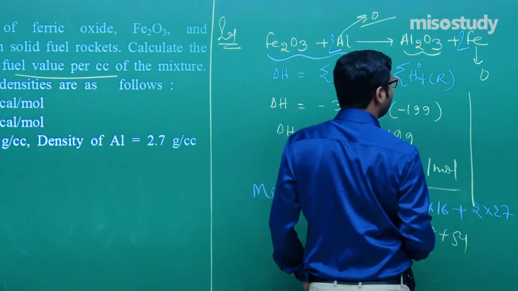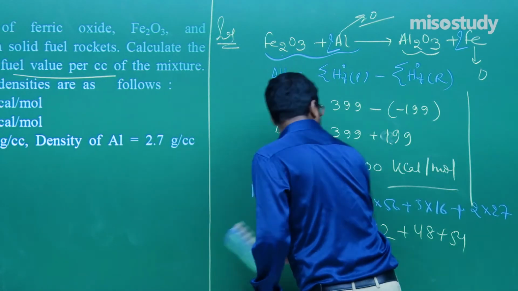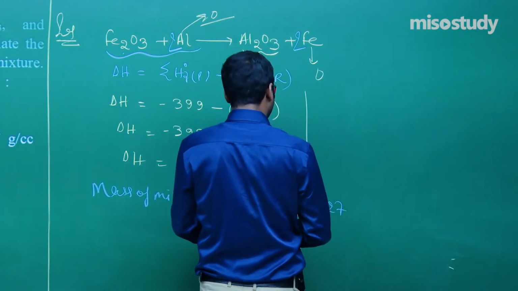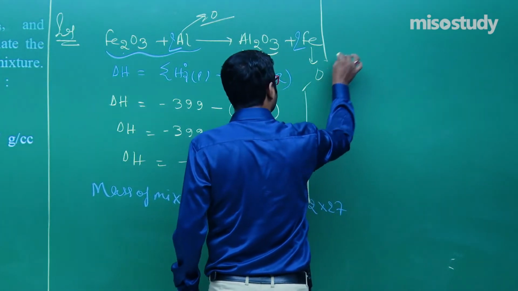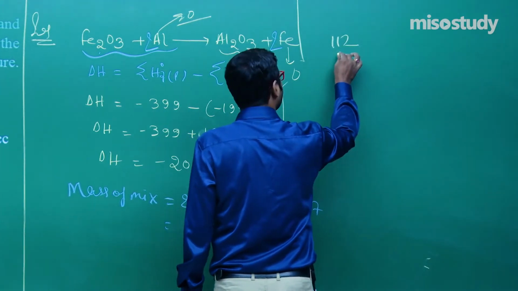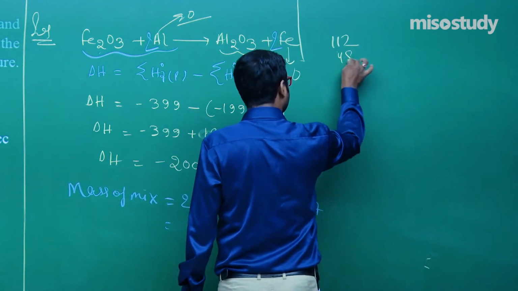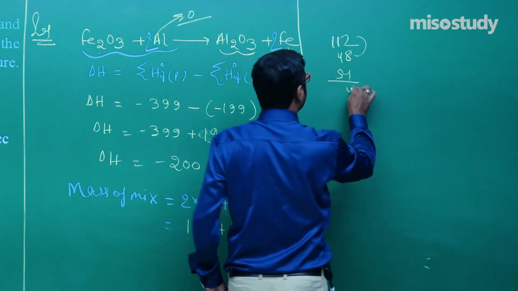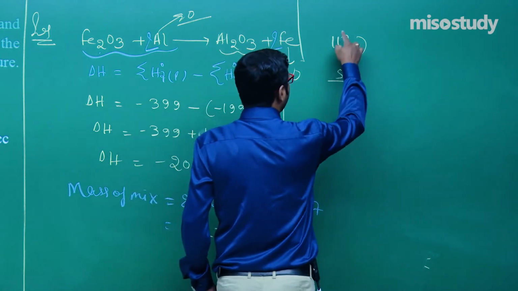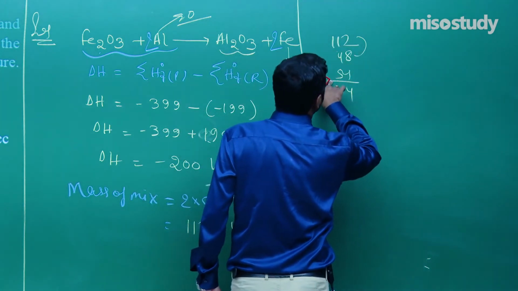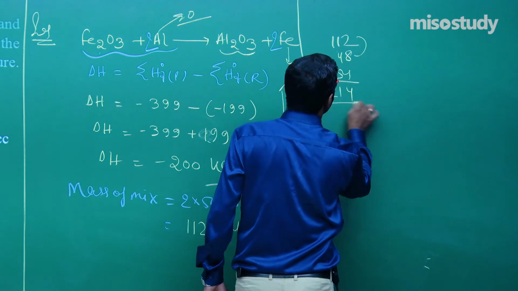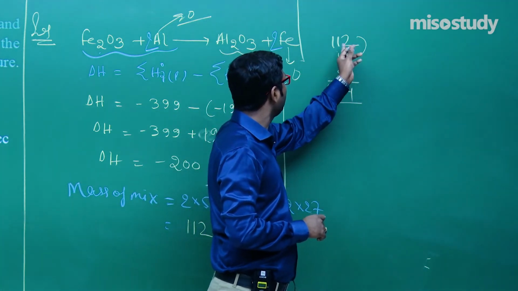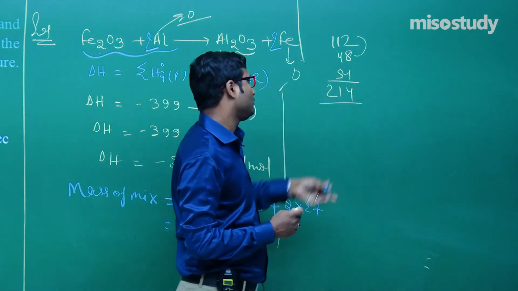Now tell me what is the exact sum. Wait for a moment. Now in this case, 112 plus 48 plus 54: 8 and 4 is 12, 2 and 1 is 3, plus 5 is 214.